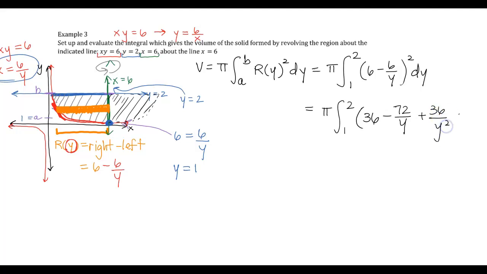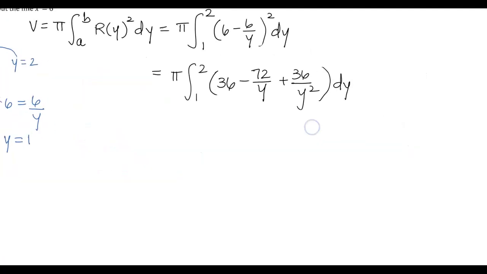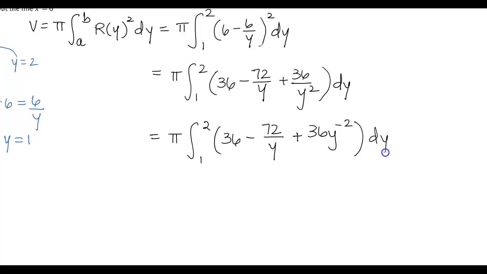Here's what we get when we multiply that out. Because we're going to be integrating, I'm going to take some time to rewrite what's on the inside of the integral, at least some of these terms. The 72 over y term will probably be best integrated written as it is, because that's a natural log rule, but the last term I will rewrite as 36y to the negative 2.